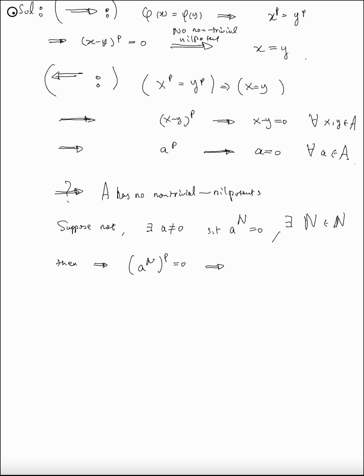And this implies a to the power p times n equals 0. Oh, wait. Let's just stop here, and a is not 0.